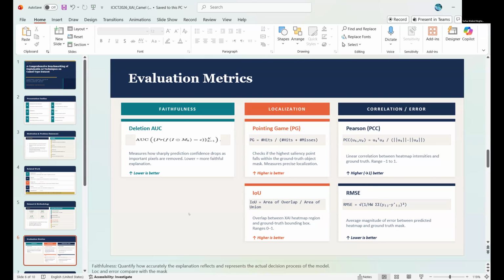My device is currently lagging. Lagging is okay, but it should not break the voice. Is my voice clear right now? Yeah, better. But my presentation is lagging.